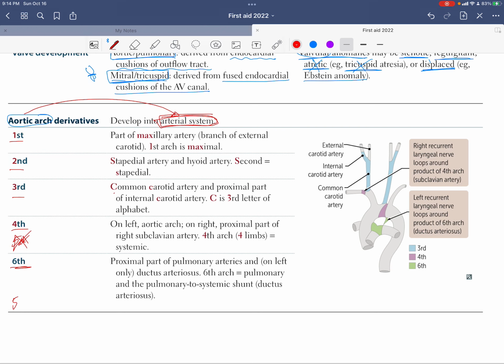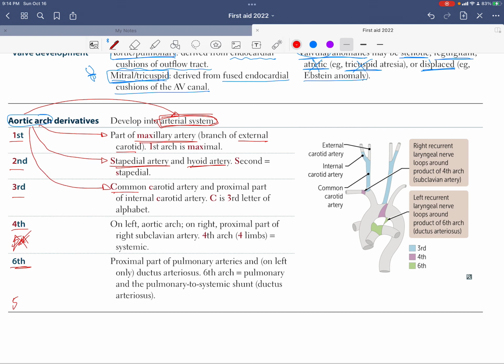There is no fifth. For the first one, the aortic arch gives rise to the maxillary artery, and that is basically a branch of the external carotid artery. We'll know that. For the second, the aortic arch gives rise to the stapedial artery and hyoid artery.